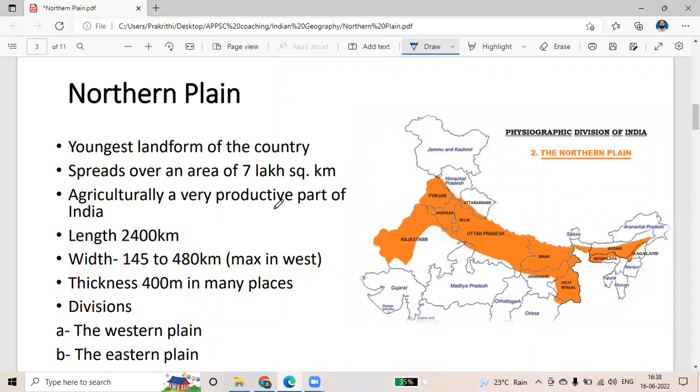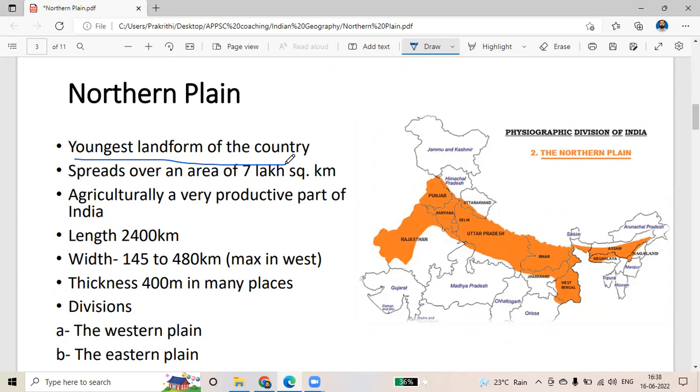When it collided with the Eurasian plate, we got the Himalayas, the northern mountains. After these mountains formed, deposition started, and as a result of this deposition we have the northern plain. That is why we consider this the youngest landform of the country.